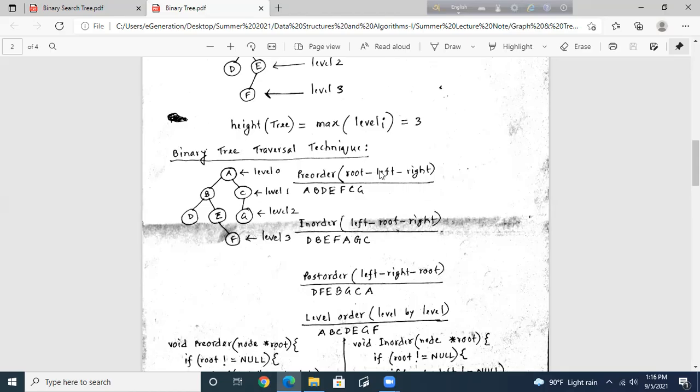So in pre-order, root, left, right. In in-order, left, root, right. In post-order, left, right, root.